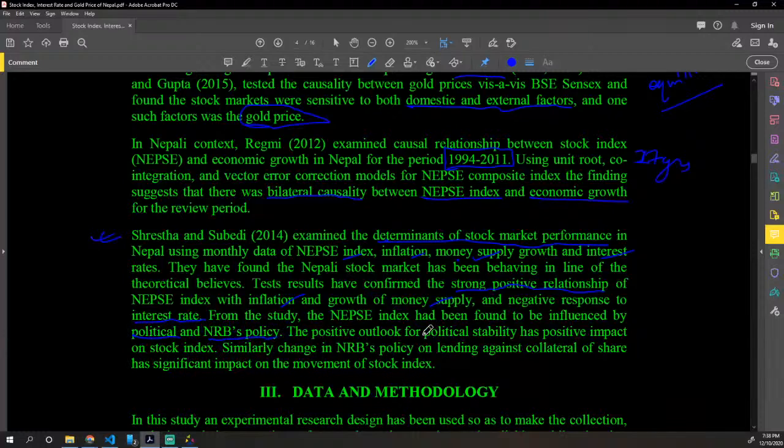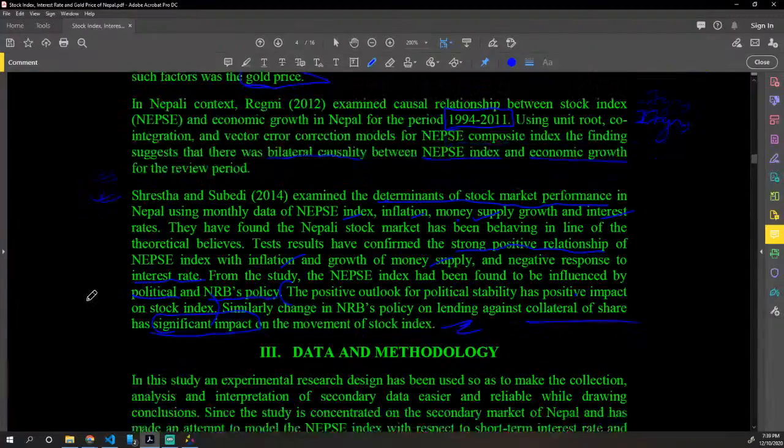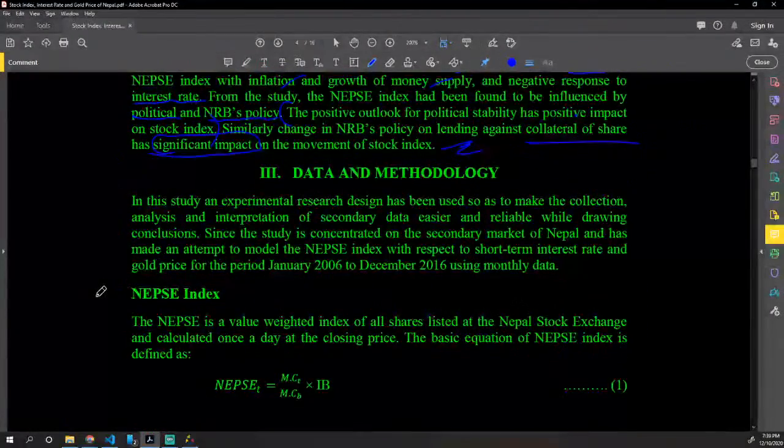The positive outlook for political stability has a positive impact on the stock index. Similarly, change in NRB's policy on lending against collateral of shares has a significant impact on the movement of stock prices. Very sensitive, right?